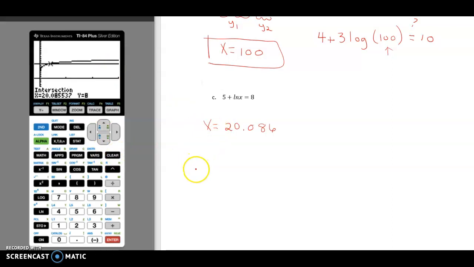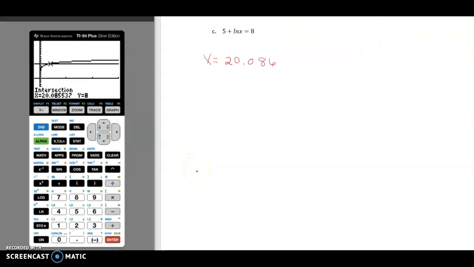It makes it a lot quicker, and you kind of skip over some of the properties. But sometimes you may have to solve it algebraically. So like this one, if the problem said, give me an exact answer, then you would need to actually solve it algebraically. So that is it for solving logarithmic equations using the TI graphing calculator.